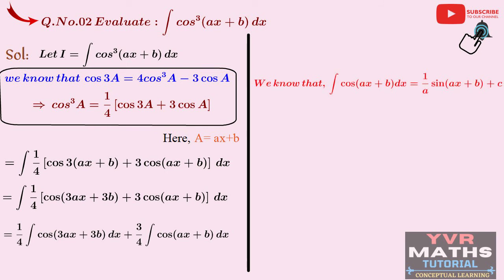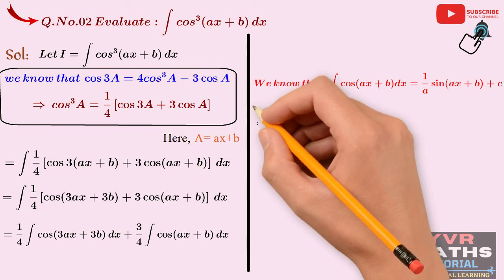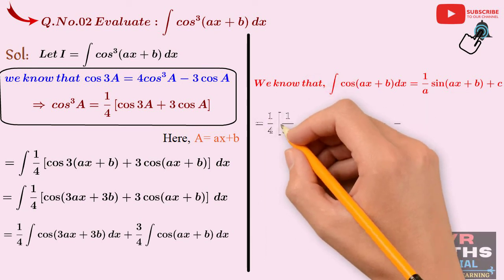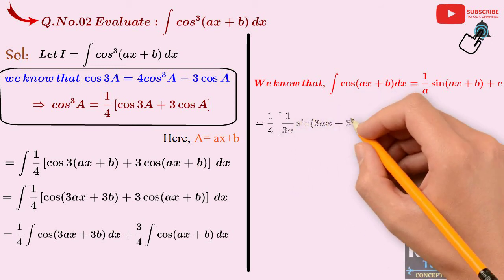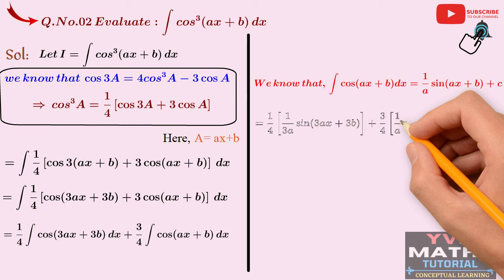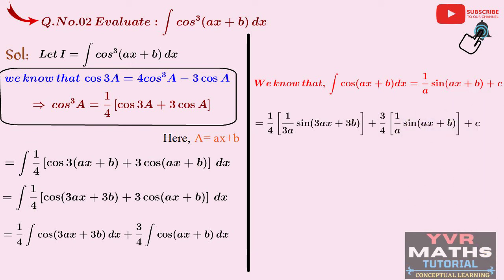If we apply this formula here, then what will we get? See here, 1 by 4 into 1 by 3a sine of 3ax plus 3b plus 3 by 4 into 1 by a sine of ax plus b plus c. Here c is the integral constant.